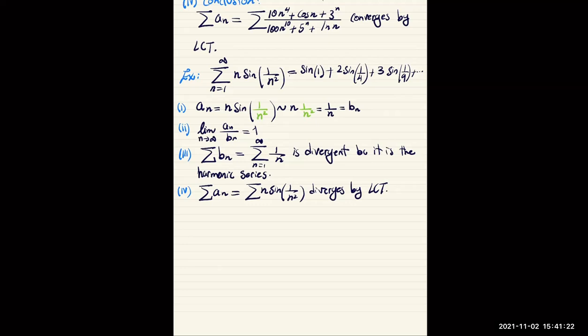So when I look at this series, when I look at this sequence, I try to do the nth term test in my mind. I ask myself, what happens as n goes to infinity? Well, I immediately get indeterminate because as n goes to infinity, we get infinity, and then here we get 0. So infinity times sine of 0, that's infinity times 0. It's indeterminate.